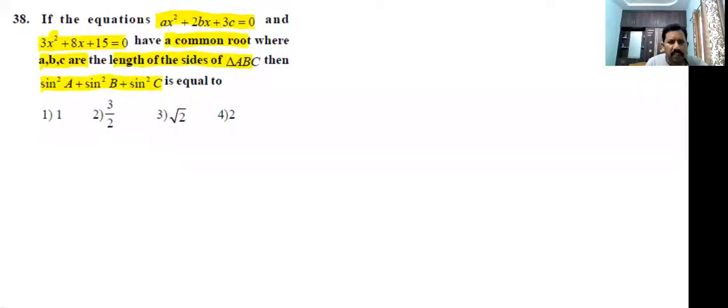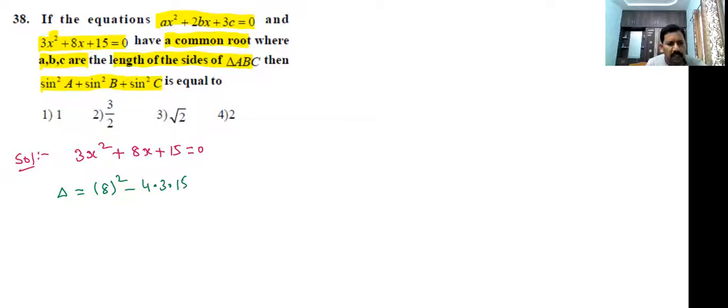There are two quadratic equations given. Take the second quadratic equation, 3x square plus 8x plus 15 is equal to 0. Find the discriminant, delta, b square minus 4ac.